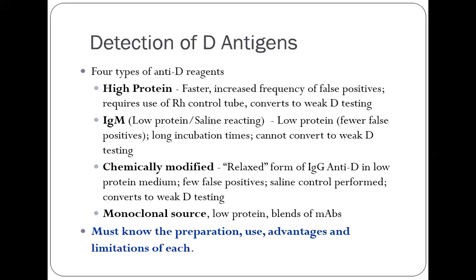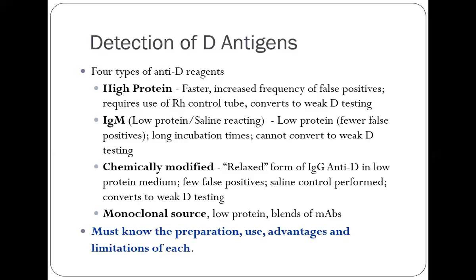So if for some reason a person was like a partial D or a D variant, we might not be picking up their cells as being Rh positive, because we're not using like a polyclonal blend. We're not using a chemically modified or high protein blend. But we use monoclonal because it's a lower protein, and we do like that it only detects like the one specific epitope.